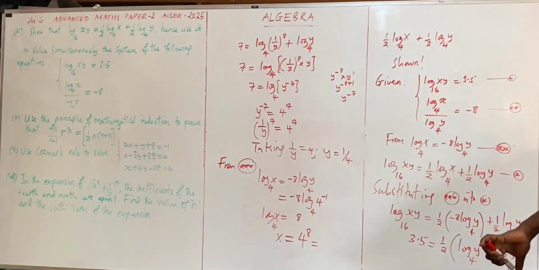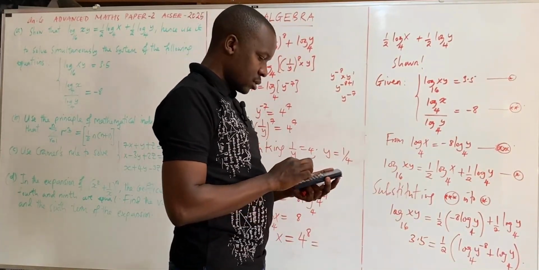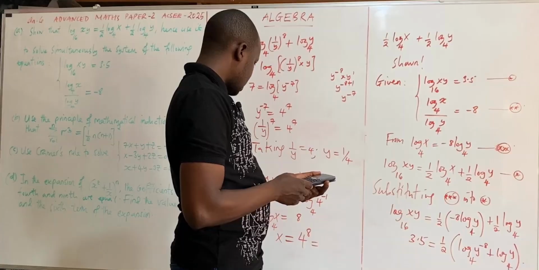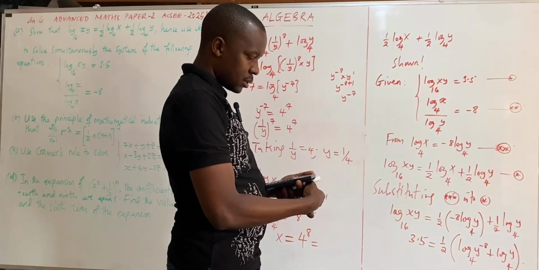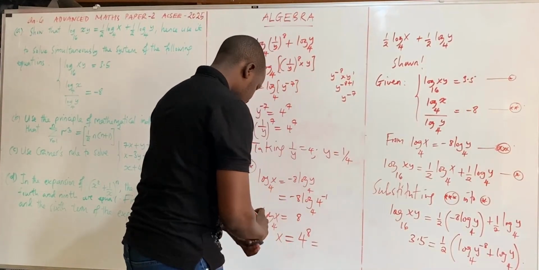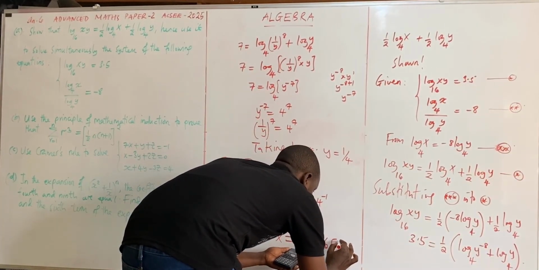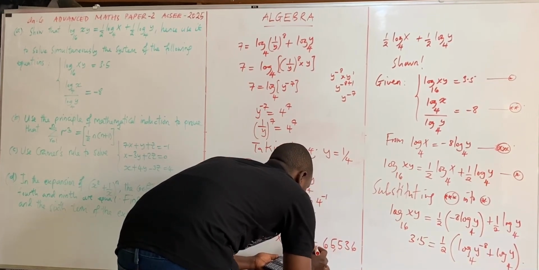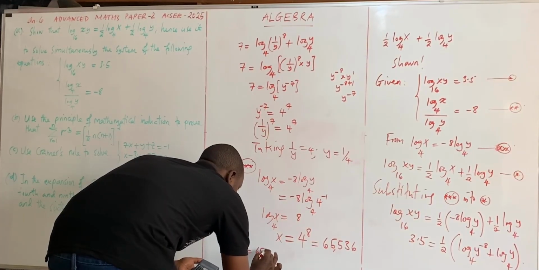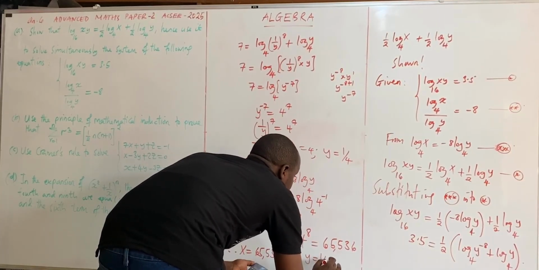From the scientific calculator, if we try to find its value, 4 power 8 now becomes 65,536. So therefore the value of x is this much, and the value of y becomes 1 over 4.